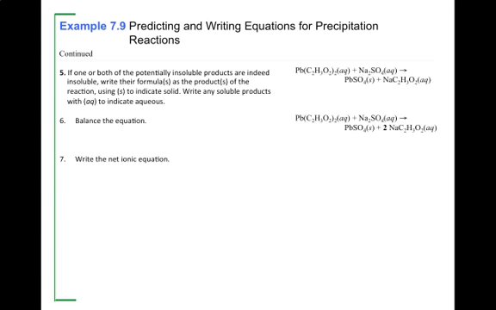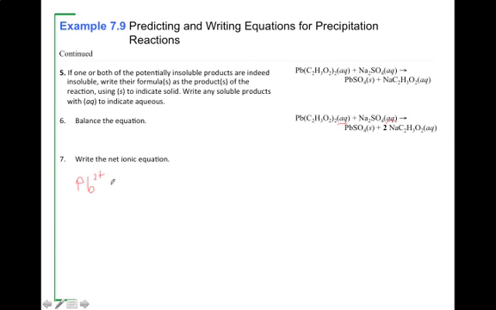Okay, so we're going to write the net ionic equation, which is going to be, this is everything that's aqueous, AQ, is written out as its ions. So we've got lead, and in this case it's lead 2 plus.